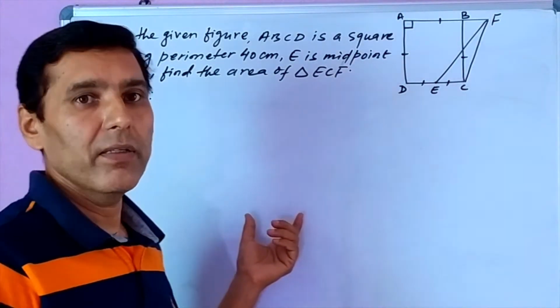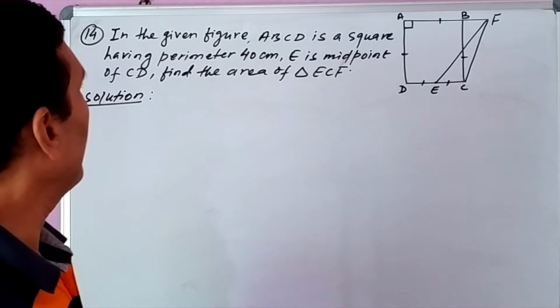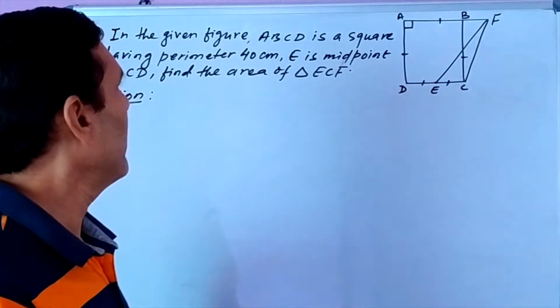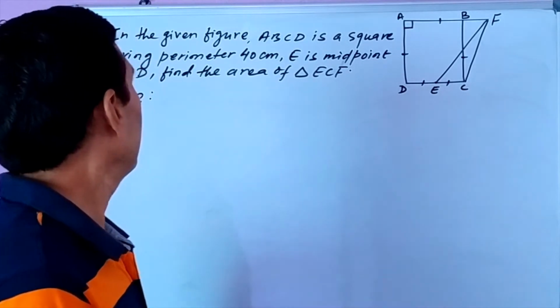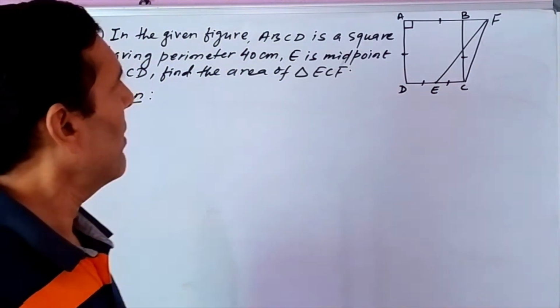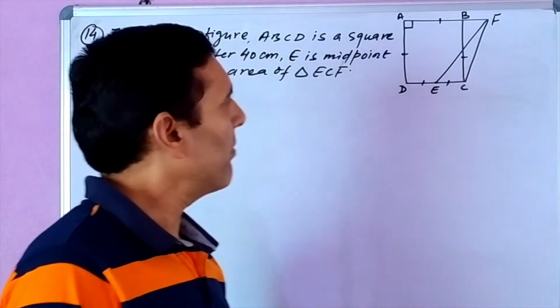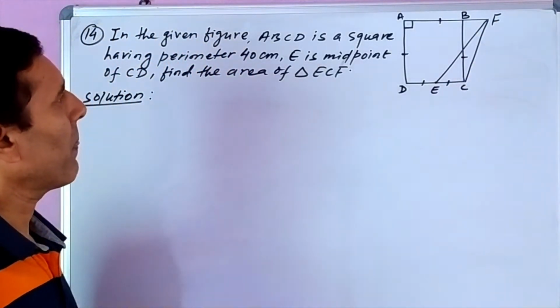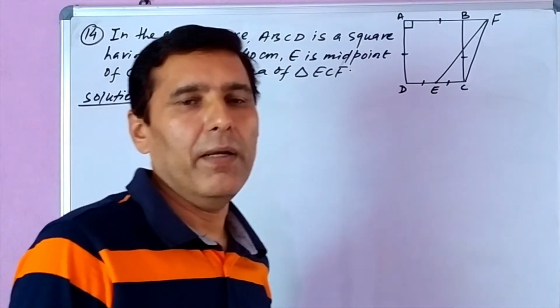Question number 14. In the given figure, ABCD is a square having perimeter 40 centimeter and E is midpoint of side CD. Find the area of triangle ECF. We have to find the area of triangle ECF here. So we have given the perimeter of this square ABCD.